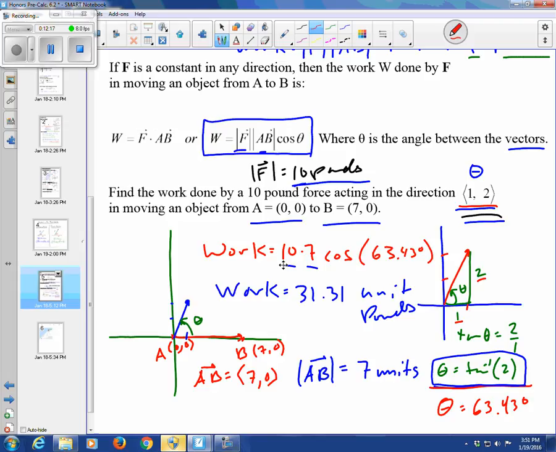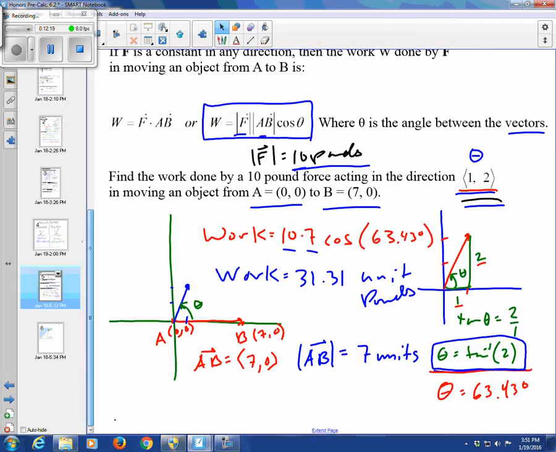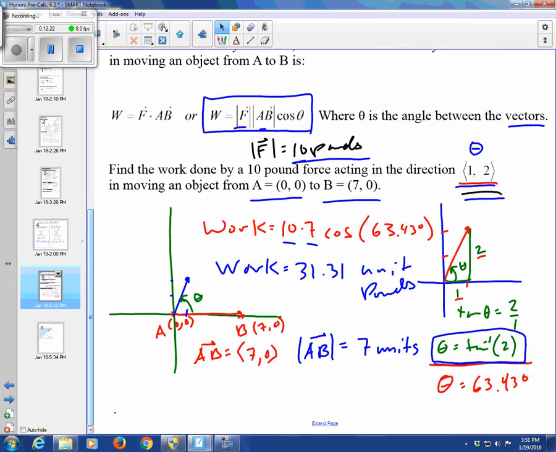Now, one thing that we can think about as we're looking at this problem is this. If we represent that force vector as something longer than our vector 1, 2, that force vector is not entirely working in the same direction that we're moving our object, which is basically the direction along the x-axis.